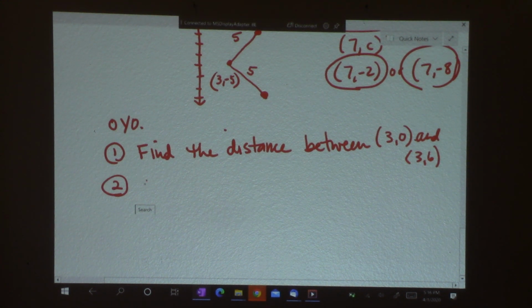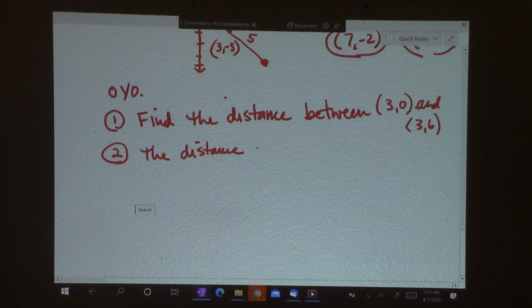And then number 2, the distance between 1, A and 4, 2 is 3 units. Okay, so go ahead and pause the video and try those 2, and then we'll come back in a few minutes.